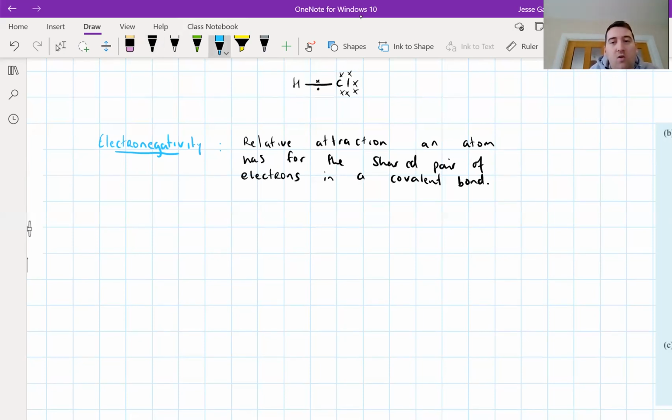But the fact is that the chlorine has a much higher nuclear charge, because it's got more protons in its nucleus, and therefore it's going to have a bigger pull on the electrons than the hydrogen. So the arrows here represent pull on the shared pair of electrons by each atom, and the chlorine is higher because it's got a higher nuclear charge. And that means it's got higher electronegativity. So chlorine's electronegativity, En, is bigger, and hydrogen's is smaller. Okay, right. So that's the big idea of electronegativity again.